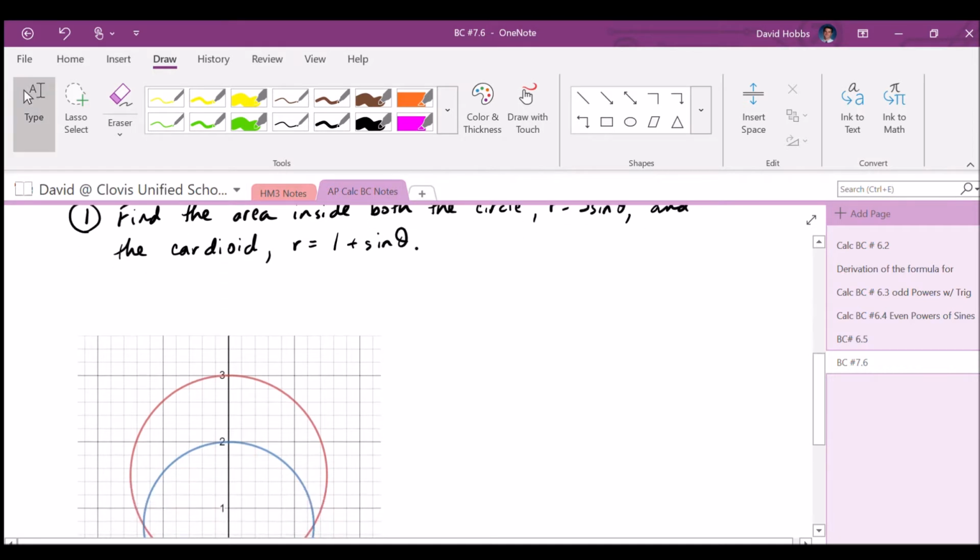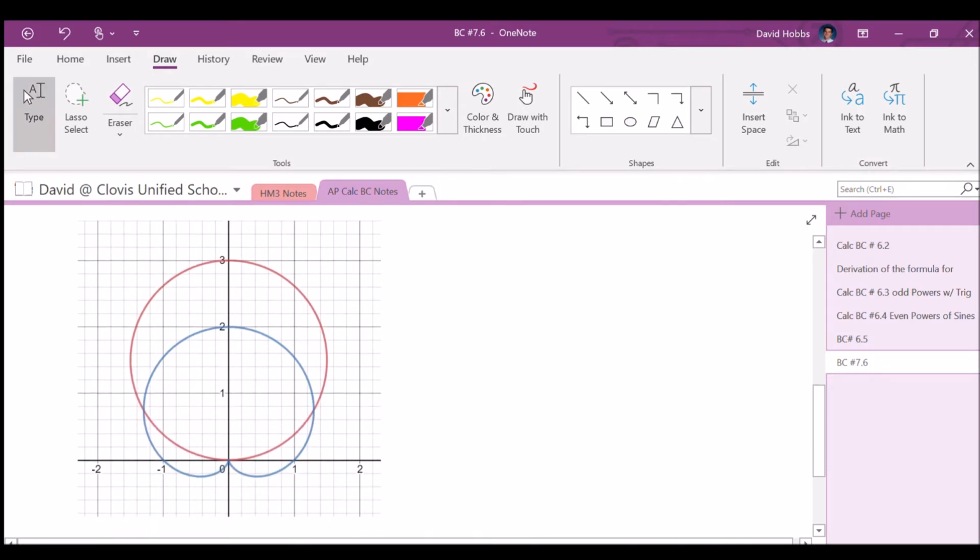Now, it's really important to get a pretty good sketch on this one, so I went ahead and used Desmos to get us a very good graph. So we've got the one petal rose, which is the circle, diameter of 3, and then our cardioid.